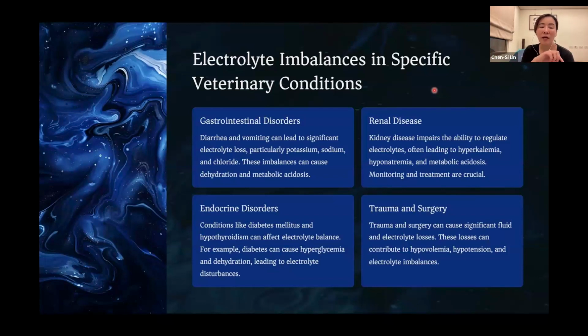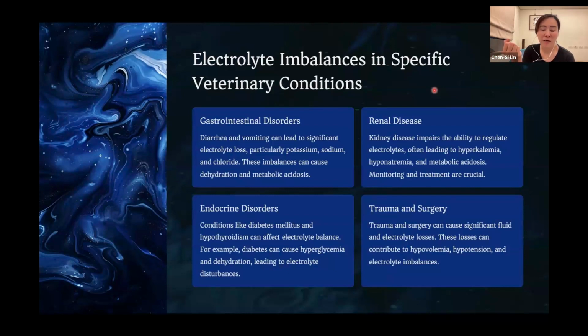On the contrary, if the animal suffers from severe vomiting without proper treatment, we can see dehydration, and if the vomiting is not well treated, it may become metabolic alkalosis.